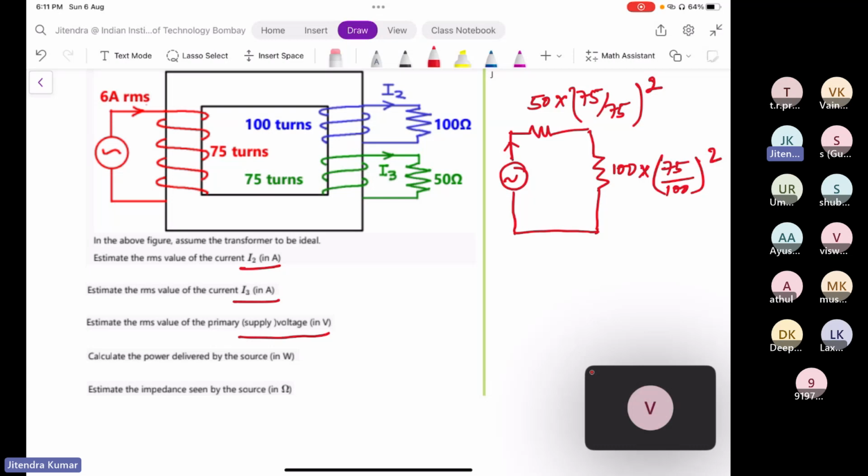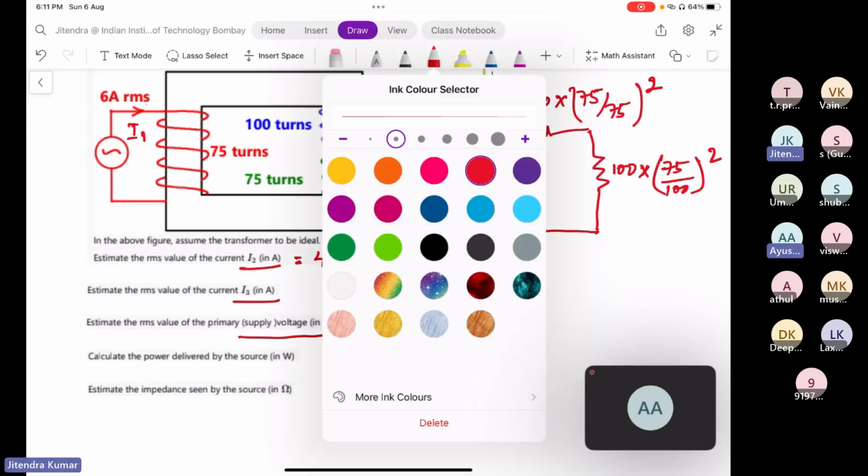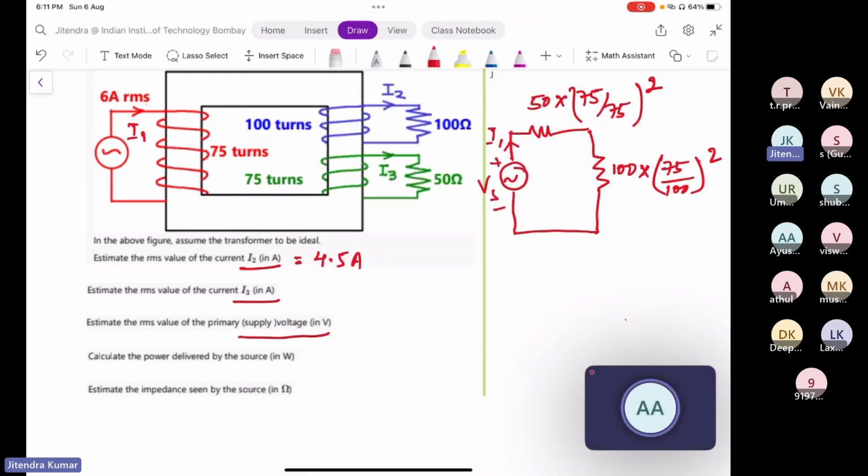And this I1 will flow. Sir, I1 is equal to 6 ampere here. I2 is equal to 4.5 ampere, sir. Okay, you are saying I2 is equal to 1.5 ampere, right? I3 is equal to 6 ampere. Verify it. Sorry, sir. I3 is equal to 6 ampere. I3 is equal to 6 ampere, you are saying.